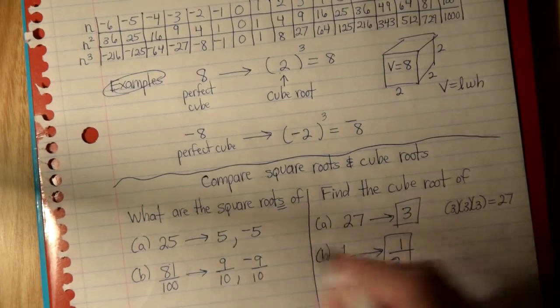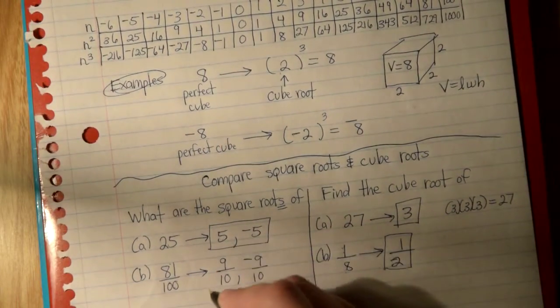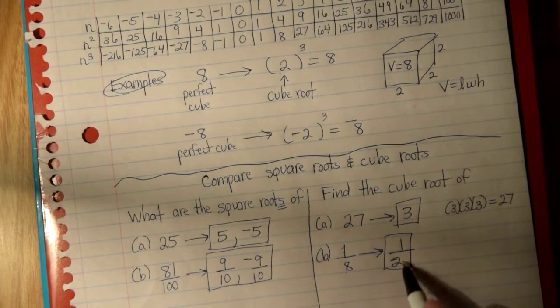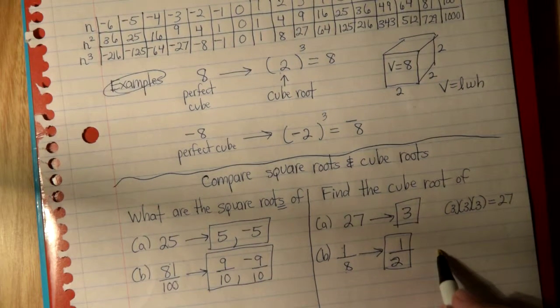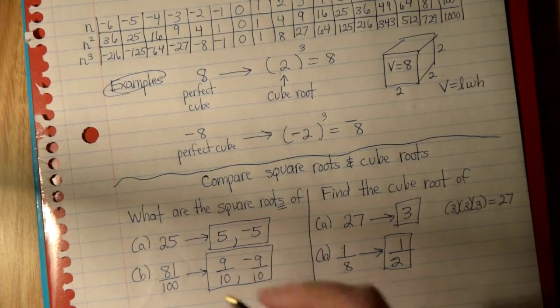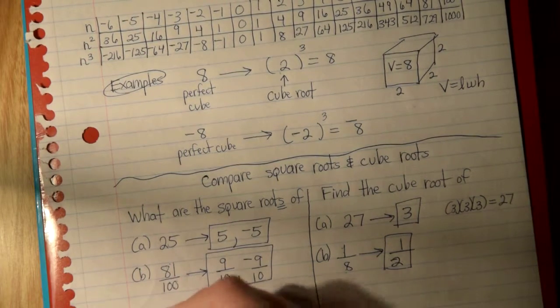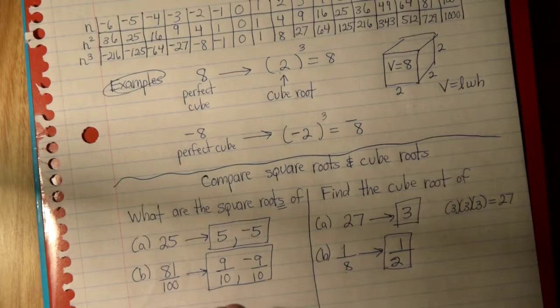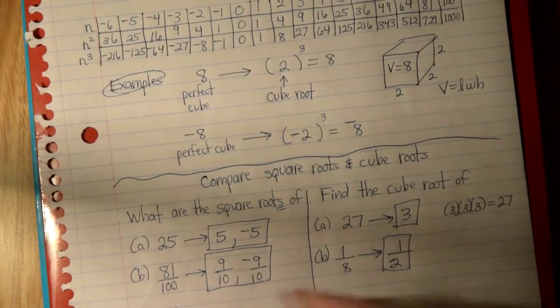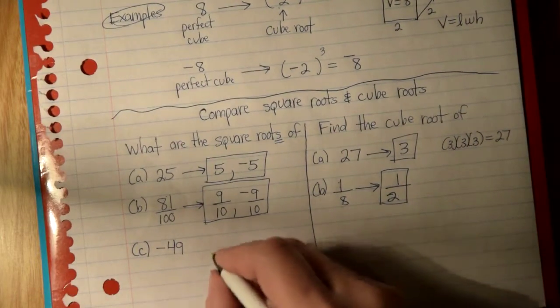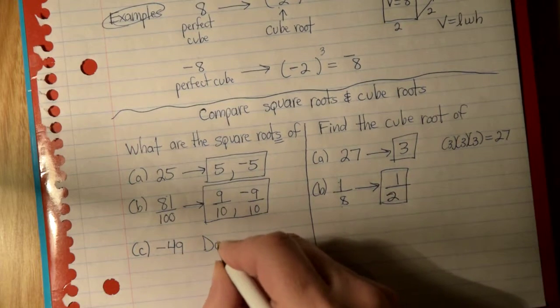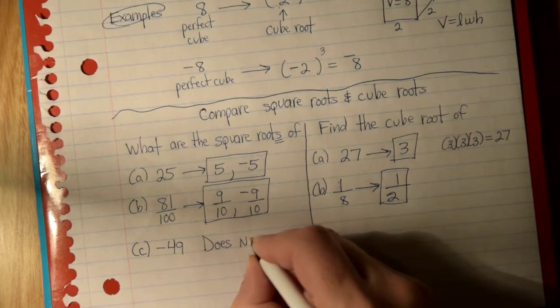Let me go back and box these. Only one answer, not a positive and a negative for the cube roots. If I say negative 49, what are the square roots of? You would say does not exist.